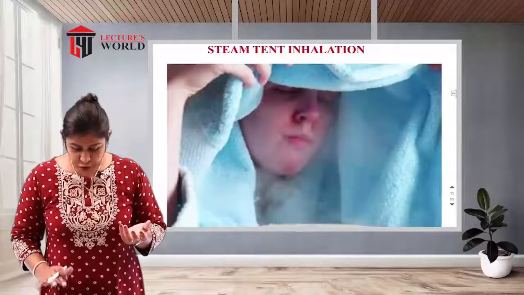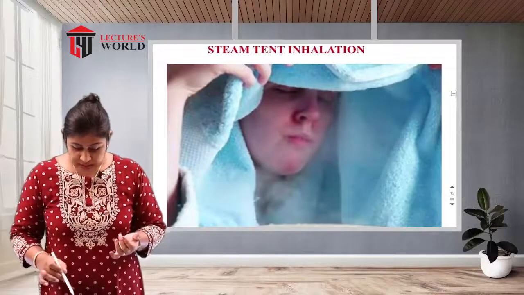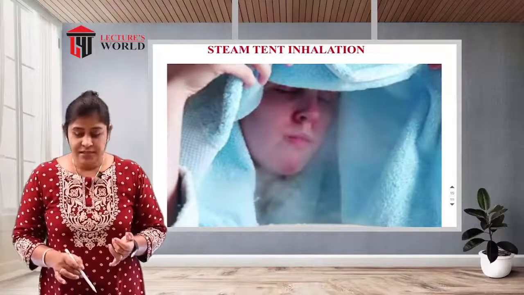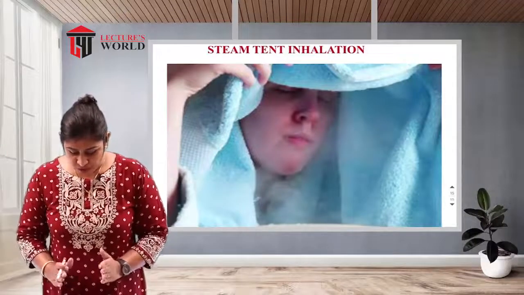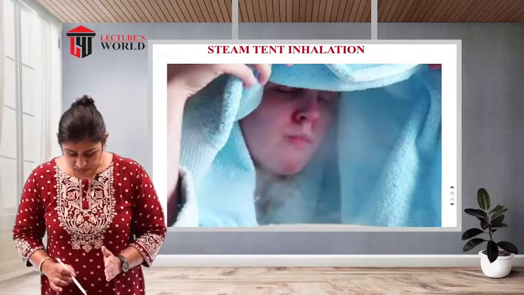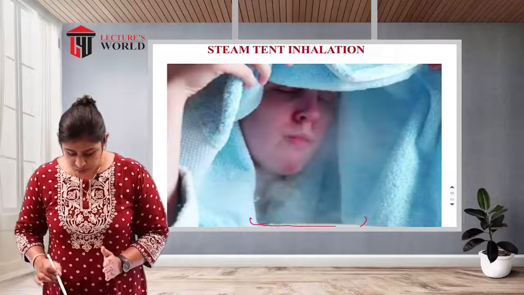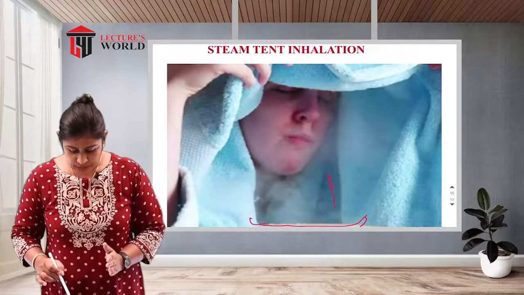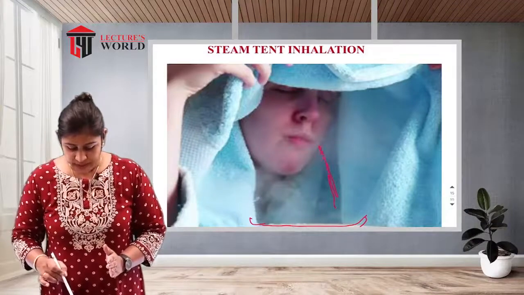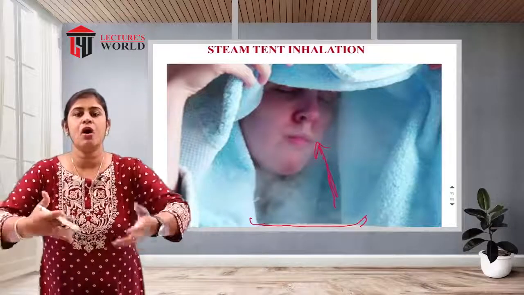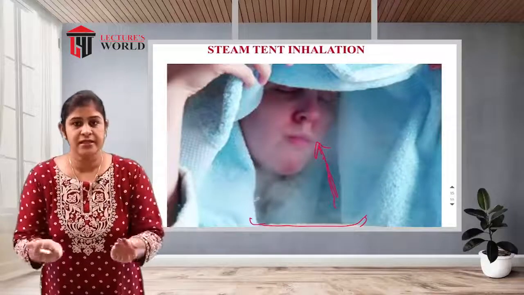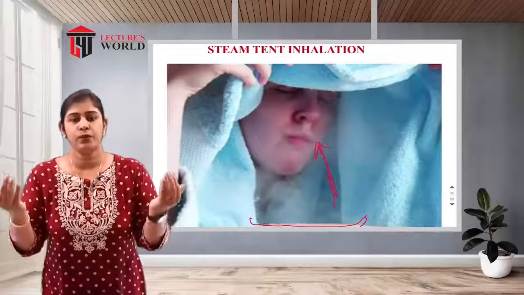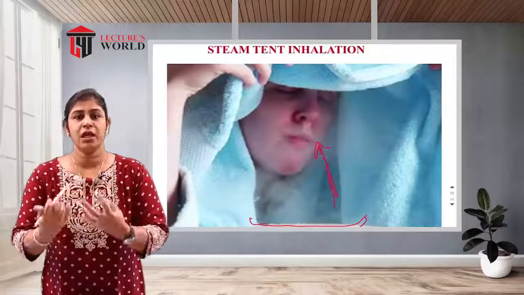In this picture a towel is being used and a canopy is formed. From here the inhalation is done, and the patient breathes in the hot vapor coming from the kettle or jug, whatever you are using for the inhalation.